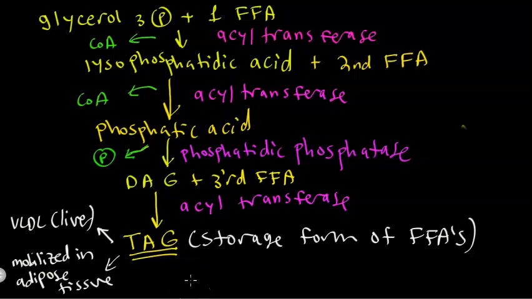And it's very important that we have our triacylglycerides in liquid form, because we don't really want them to be a solid globule in our adipose tissue where they're stored.